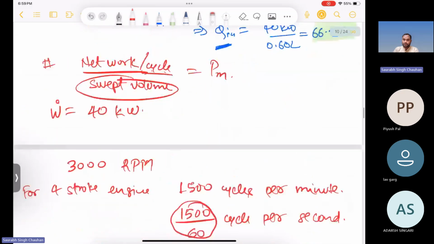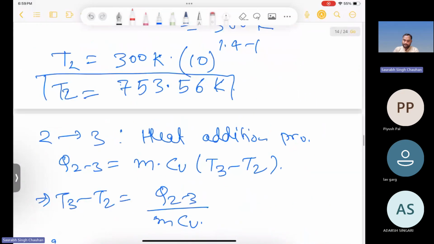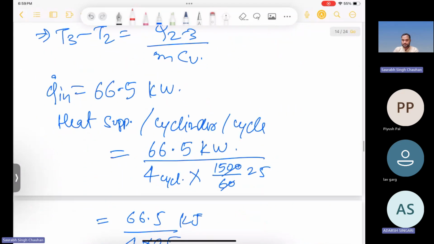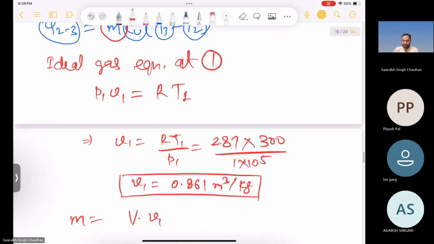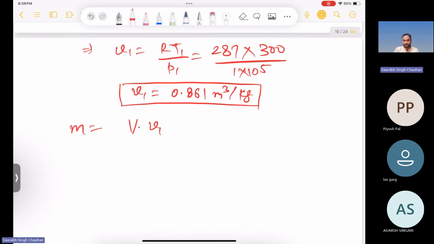So the total volume V1 will be displacement volume plus clearance volume.